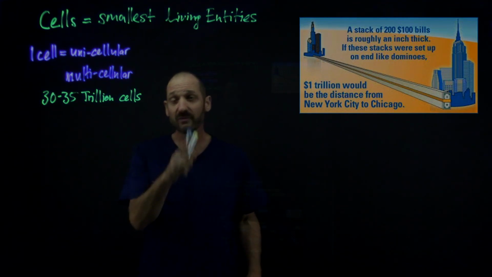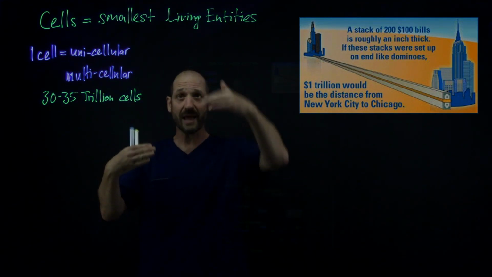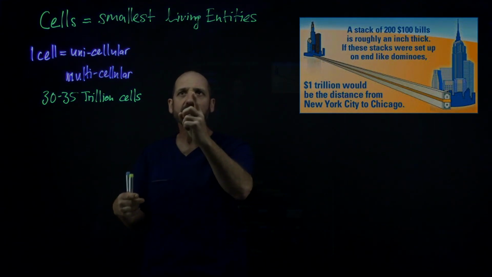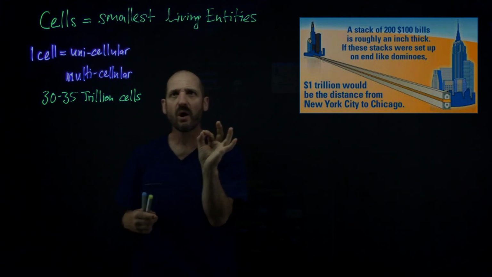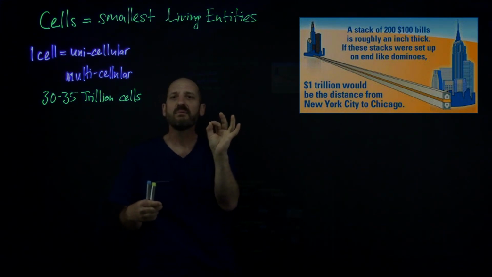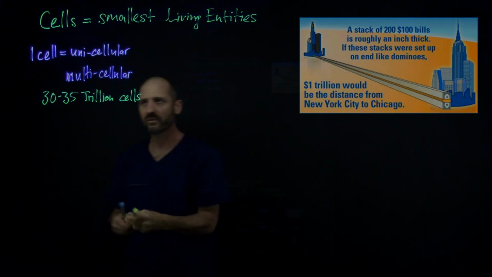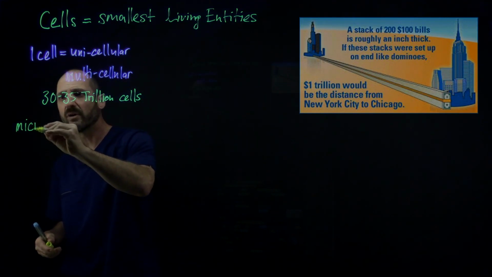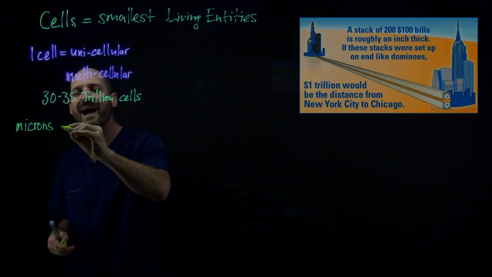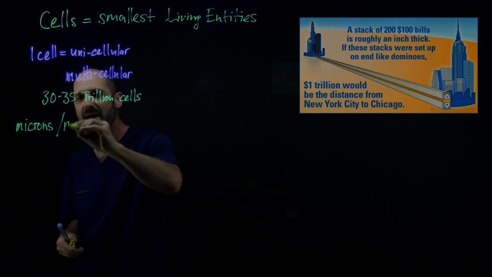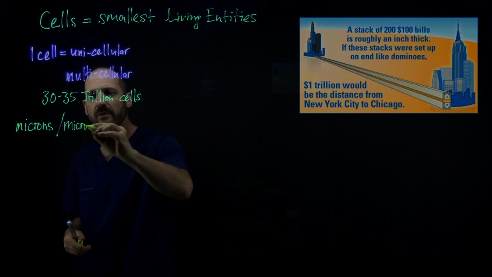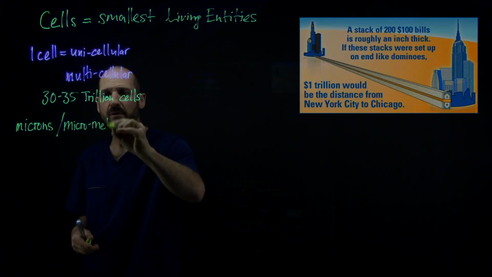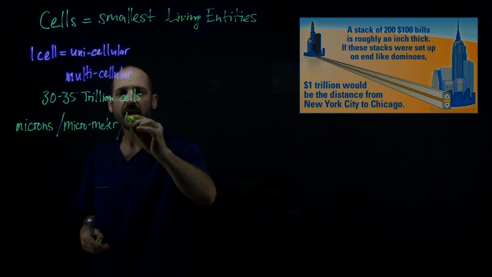So one cell, if you look at that organism, is not that big. One of these cells is tiny. It's very small. And we measure that tiny thing in microns, or a micrometer. We can write that like that.